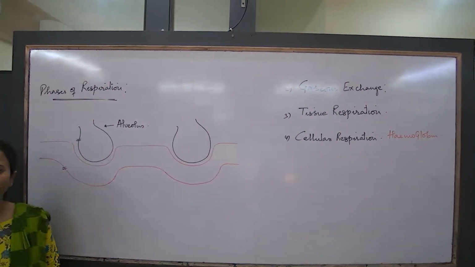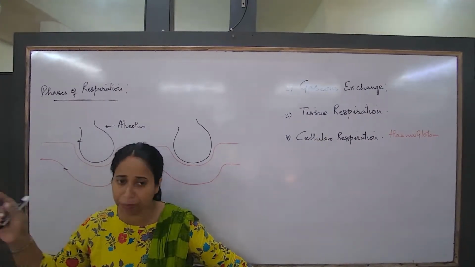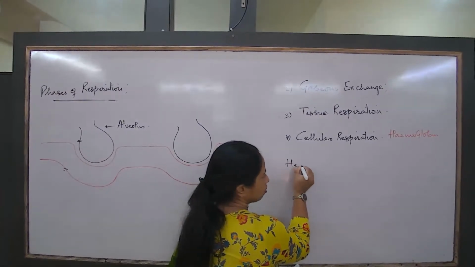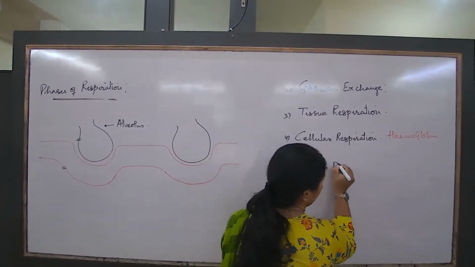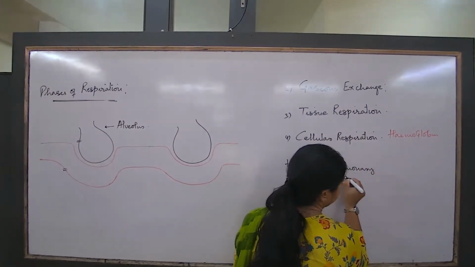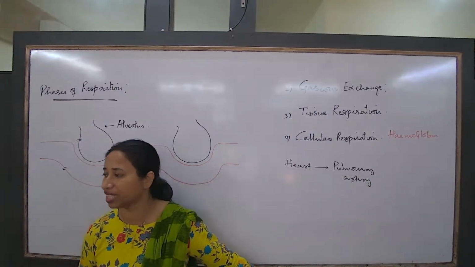But from where do these blood vessels originate and what are those prominent blood vessels supplying blood to the lungs? That has to be understood. So I would start that from the heart, there is one specific blood vessel known as the pulmonary artery.